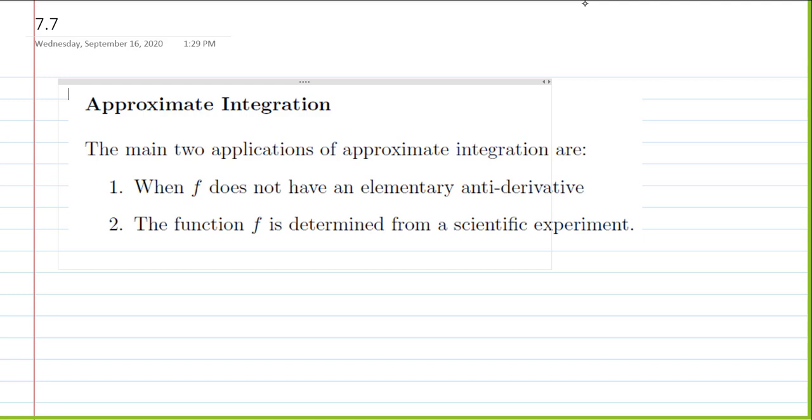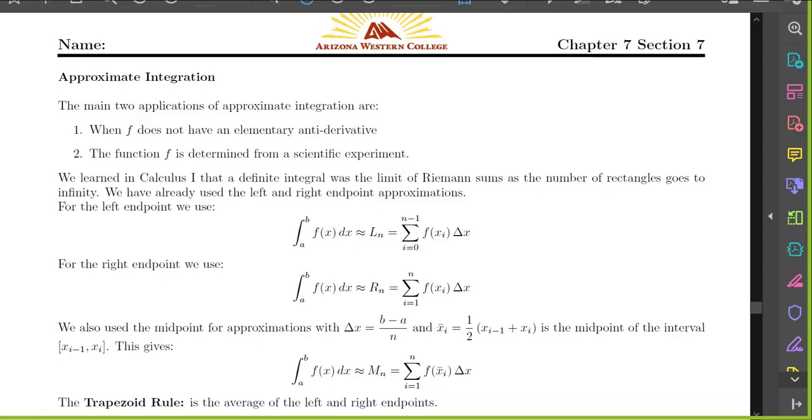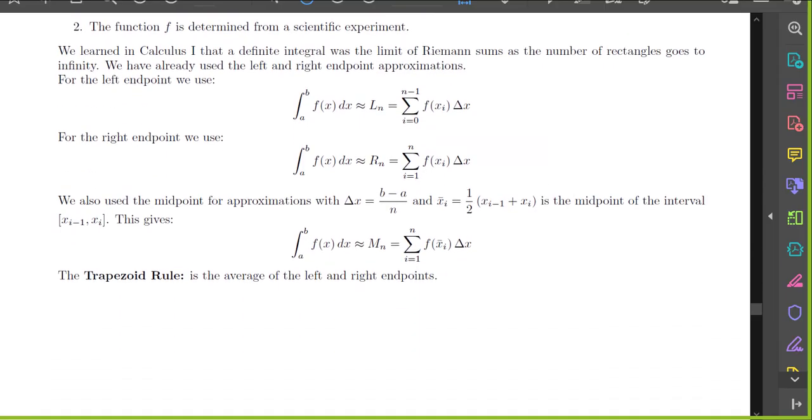All right. So that leads to a couple of things that we know from the past. In Calc 1, before we actually learned the fundamental theorem of calculus, we approximated some integrals by using Riemann sums, right? And we had a couple of different ways we could do that. We had the left Riemann sum, so we used the left endpoint.